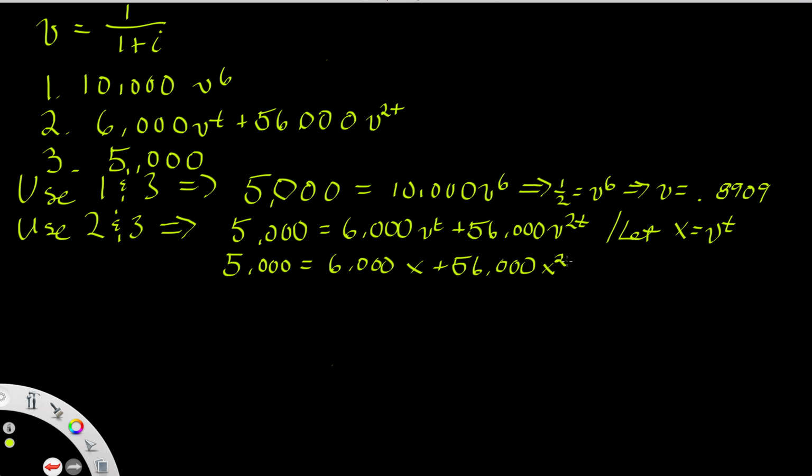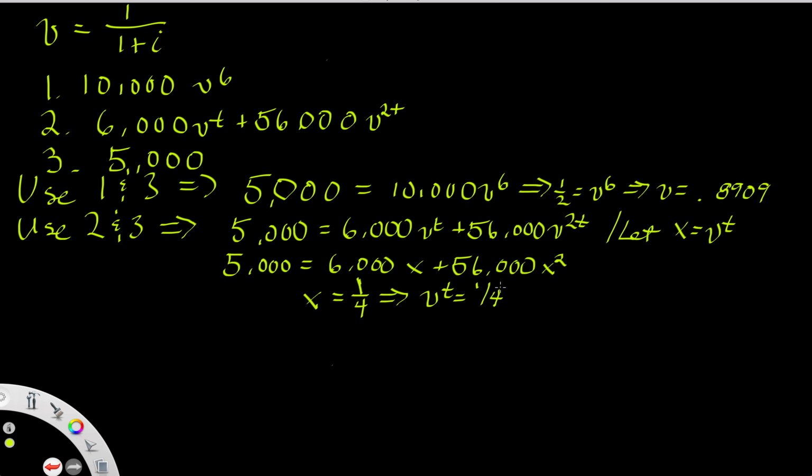Oh, there we have a quadratic. Now we solve this using whatever method you want to use for the quadratic equation. I'm not going to detail that here because you no doubt know how to solve a quadratic. When we do that, we get x is equal to 1/4 for the positive root. So this implies that nu to the t is equal to 1/4.